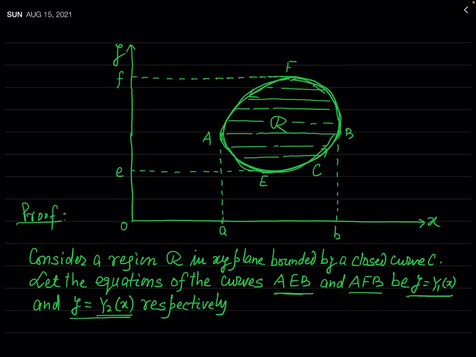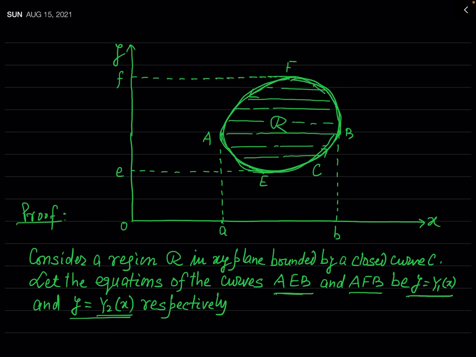These two curves when combined give the closed curve C. So now you can see when you move along this curve from E to F, then the y coordinate varies from E to F, which is fixed. But the x coordinate will vary continuously, and you can't predict what will be the value of x coordinate in this case.